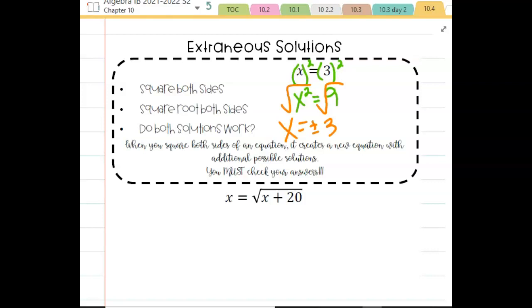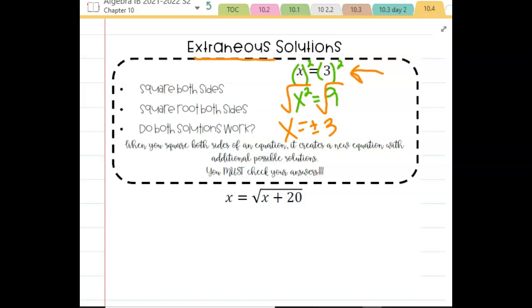What happens here, when you do this step and you square both sides, it has the possibility of creating an extra answer that may not actually be a solution, called an extraneous solution.